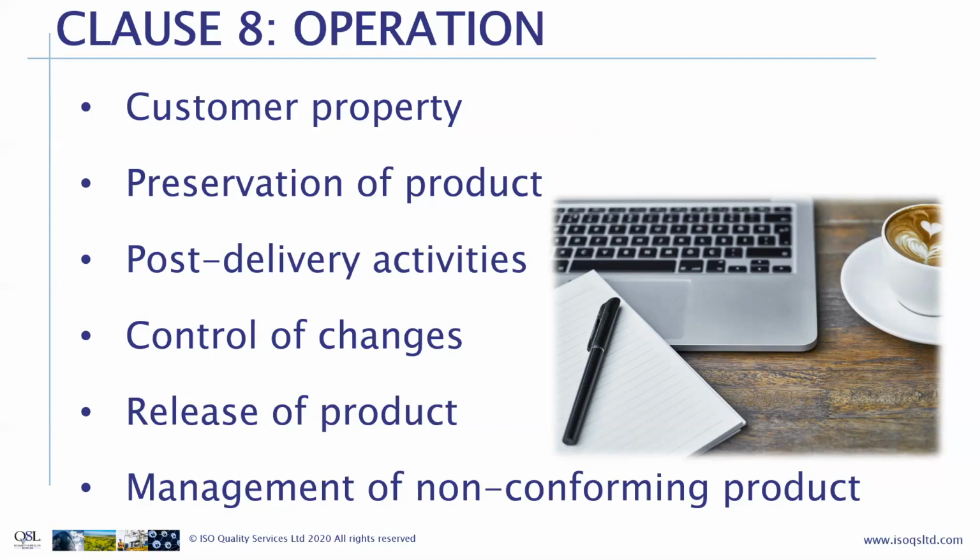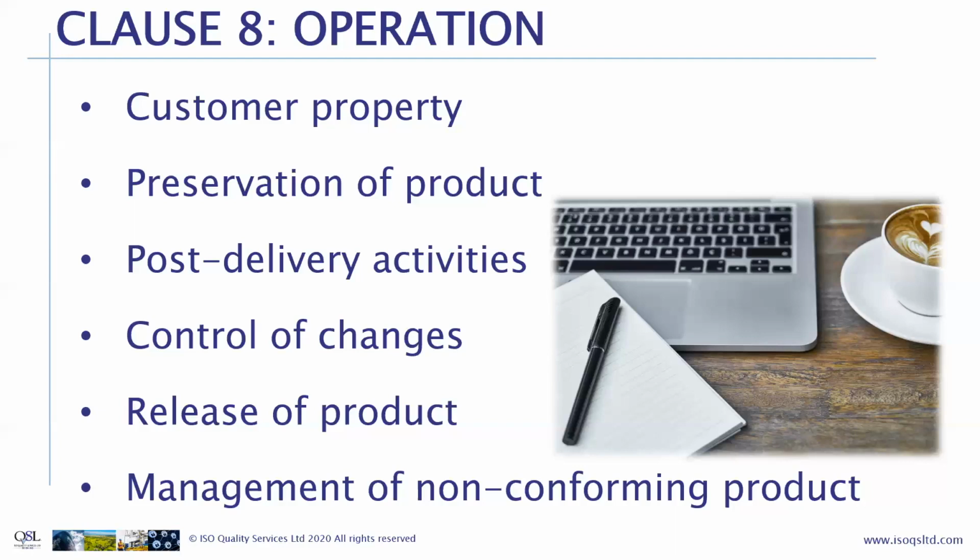Preservation of product, that would link into such as storage, packaging, contamination control, and protecting your product during either transmission or transporting. If we looked at post-delivery activities, combine it with, say, release of product, this is usually documented in line with your contract or tender.